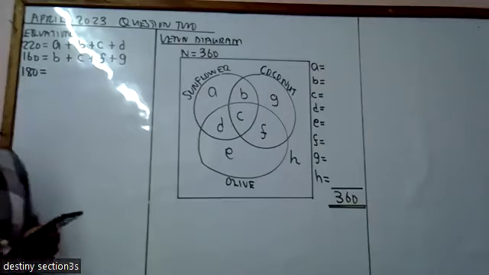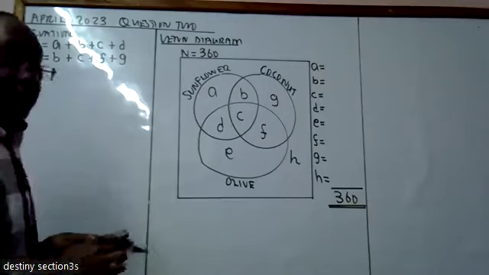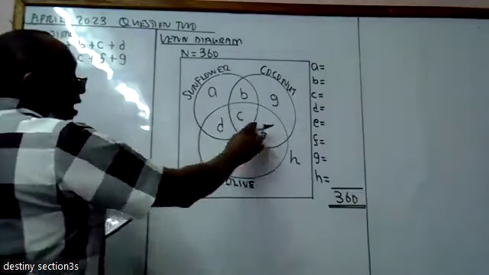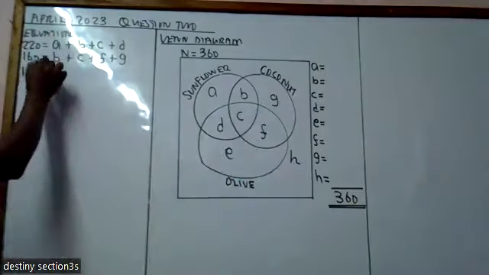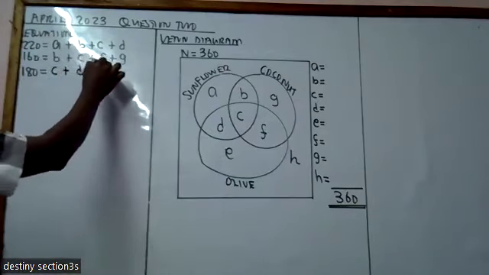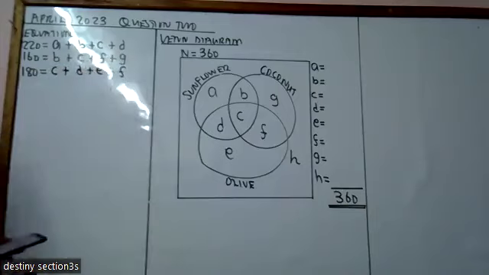So everyone who is inside olive, that is C, D, E, F. So you say C plus D plus E plus F.